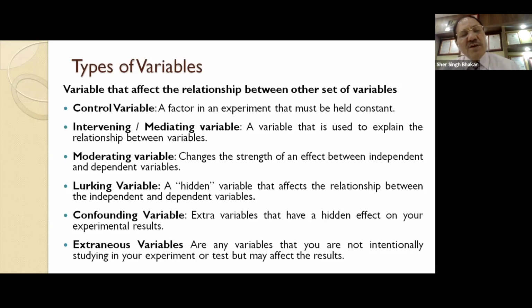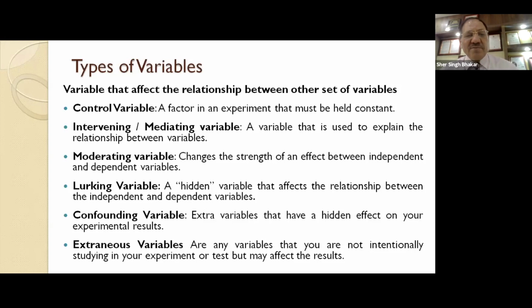Now suppose we also use one variable, gender. Gender can also affect this relationship, but if we don't use it as part of the model, we will call gender a moderating variable. If we include it in the model, it will not be called moderating; it will become either a mediating variable or a variable that is affecting the dependent variable. But if we consider it outside the model, we call it a moderating variable.